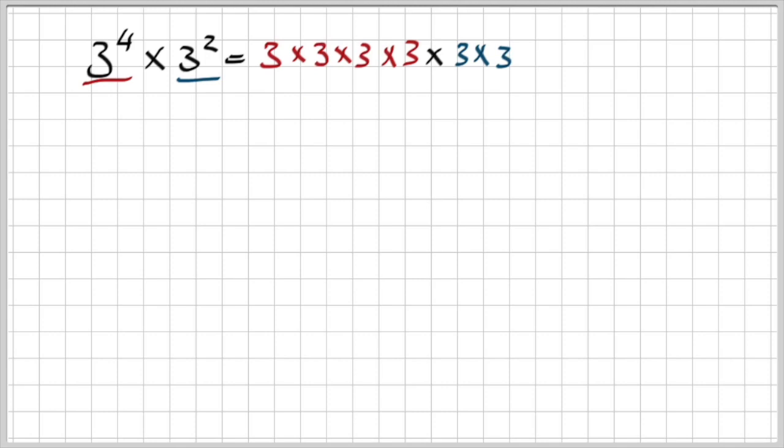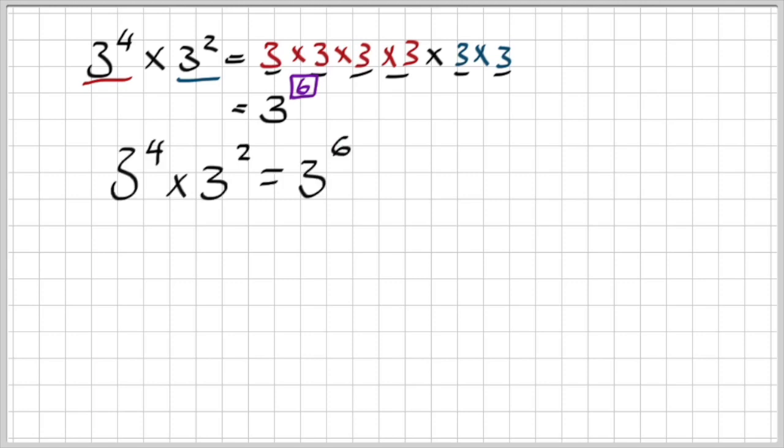Let's look at that answer. How many 3's are there? Well, there are 6 of them. So this is actually just 3 to the power of 6. This is where we start investigating. 3 to the 4 times 3 to the 2 is 3 to the 6.